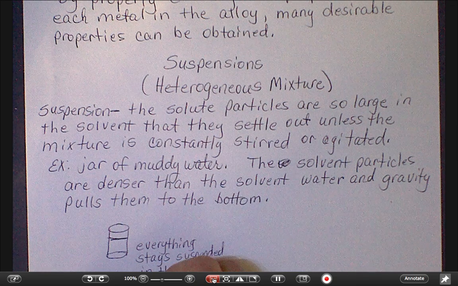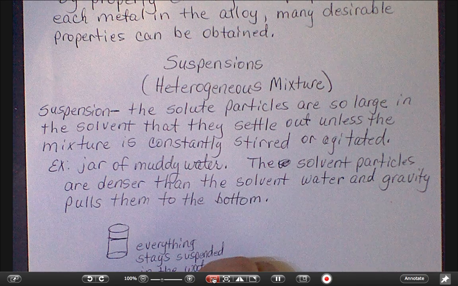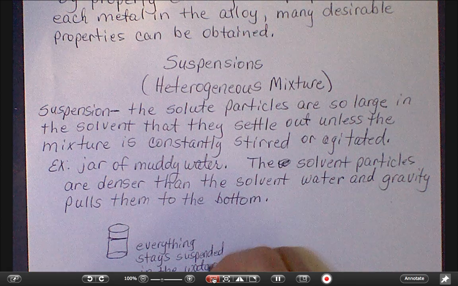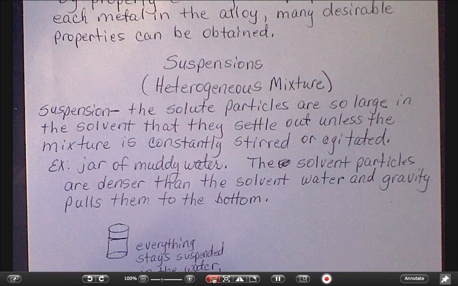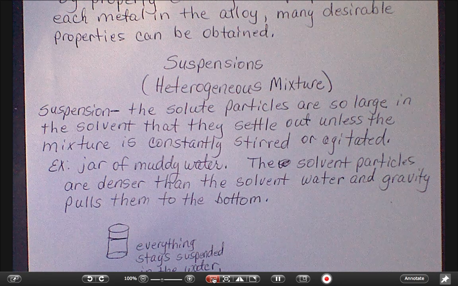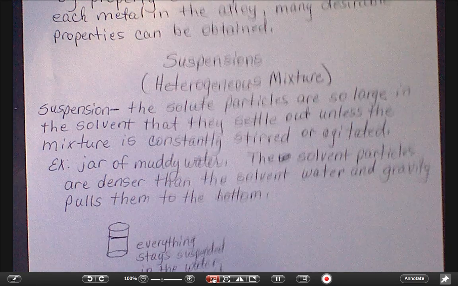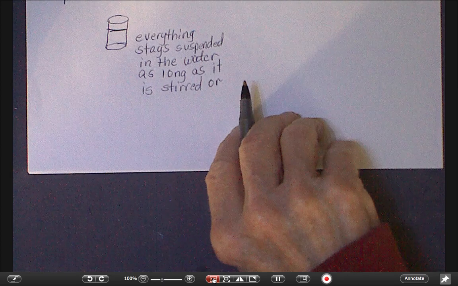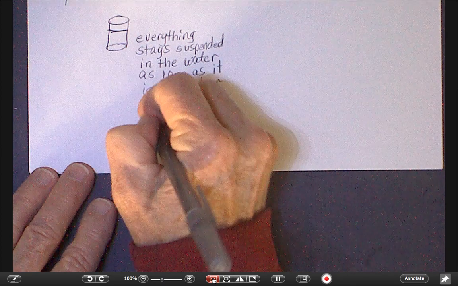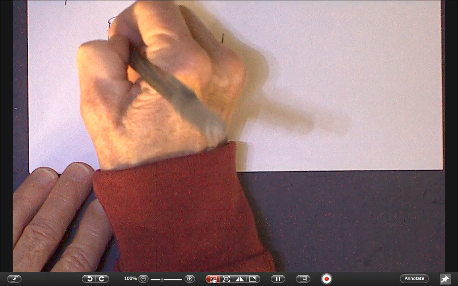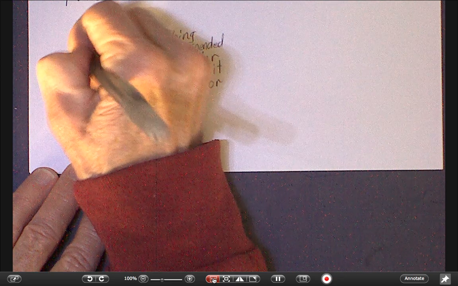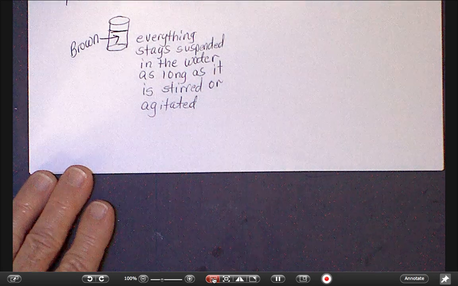As long as what? Yes. As long as it is stirred or agitated. Okay, and the color is going to be what color? Brown. Okay.